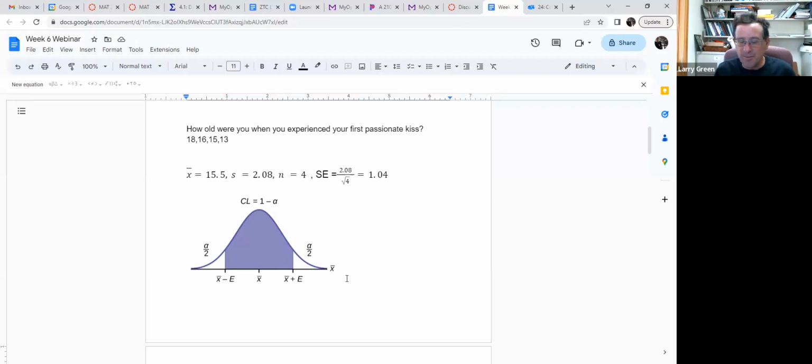Now, the sampling distribution is a collection of all the different possible sample means. And when you have a 95% confidence interval, that means that there's a 95% probability or 95% of the possible sample means is going to be in this area, in this region. Any questions on that idea?